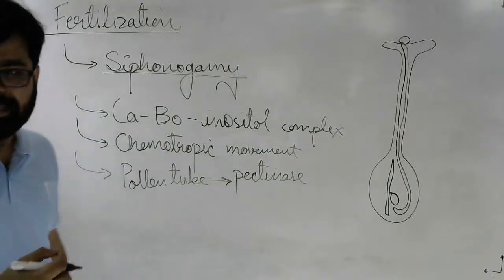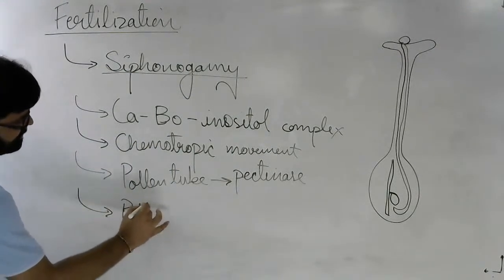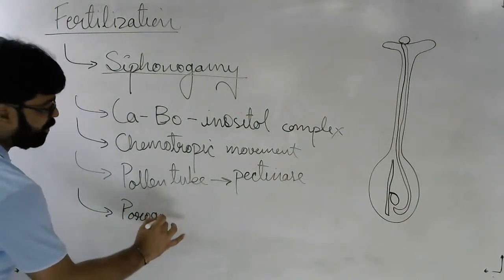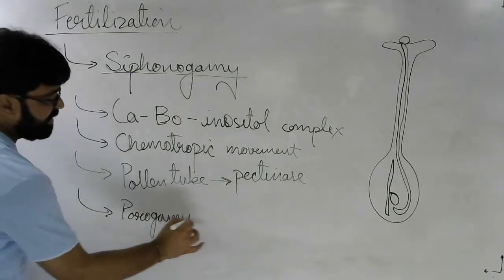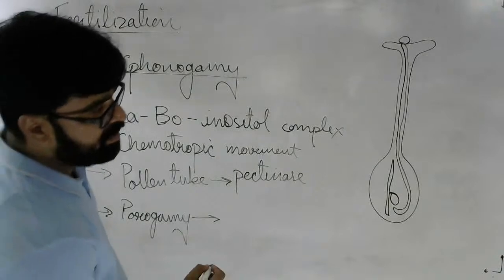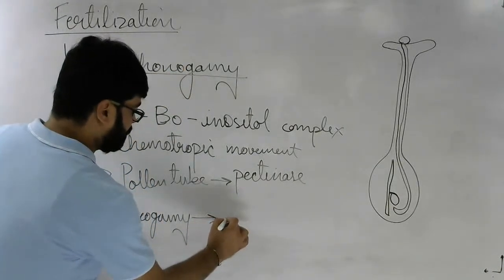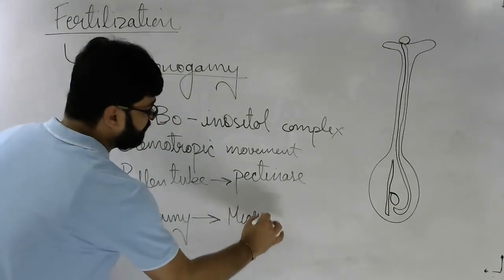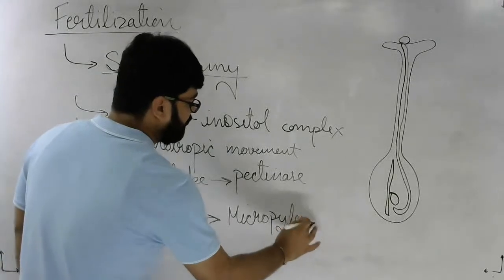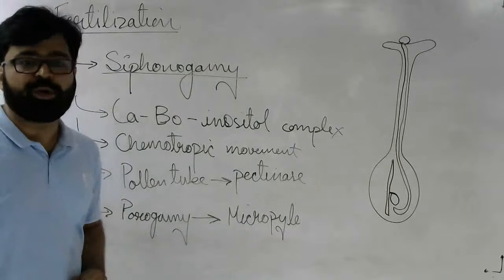If pollen tube is entering through the micropylar end, with the help of micropyle pore, it is known as porogamy.